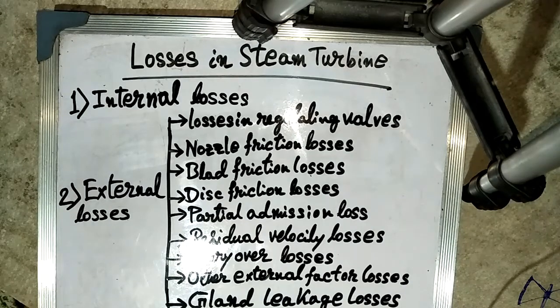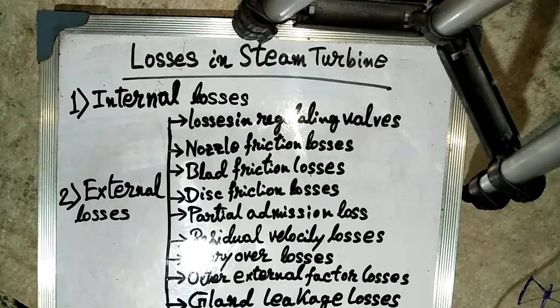These are impingement losses: the steam issuing out from the nozzle meets the leading edges of the blades, and energy may be lost if the entry is not smooth enough and eddies are formed. The second one is friction losses. The steam encounters these losses in the blade passages, which depend on the roughness of the blade surface.